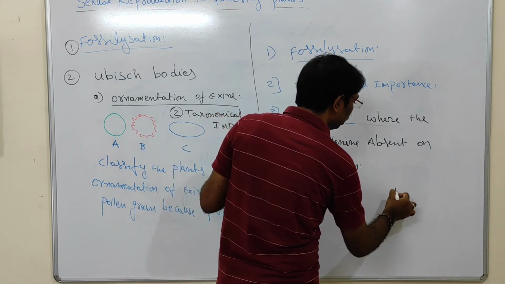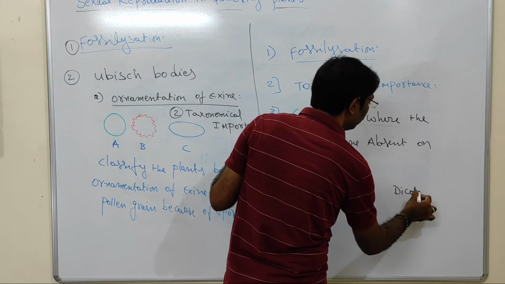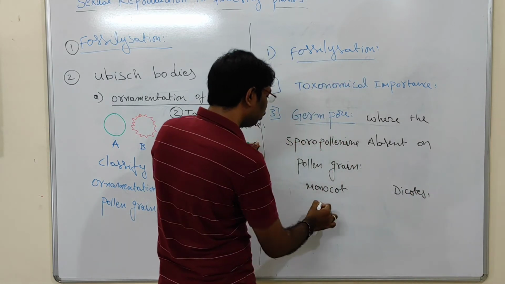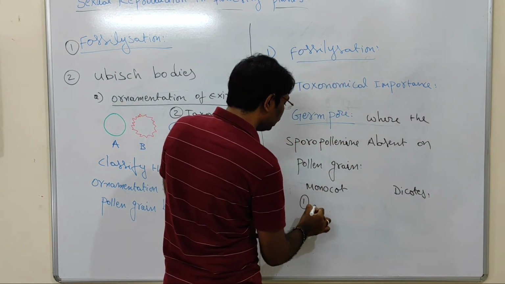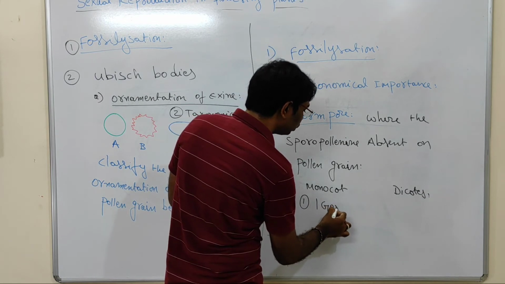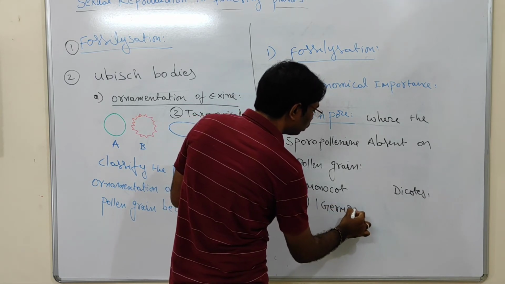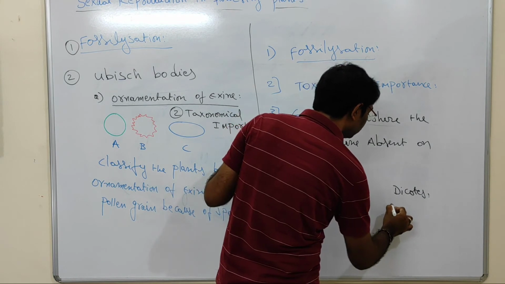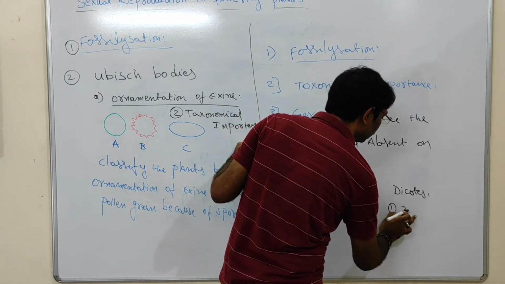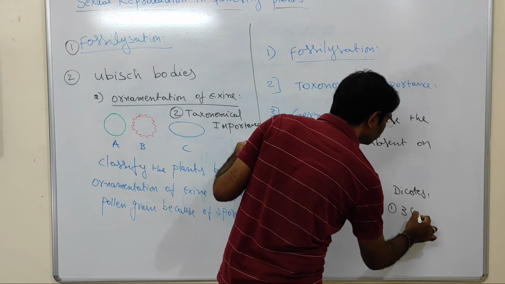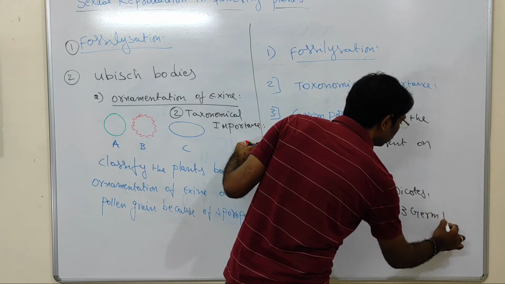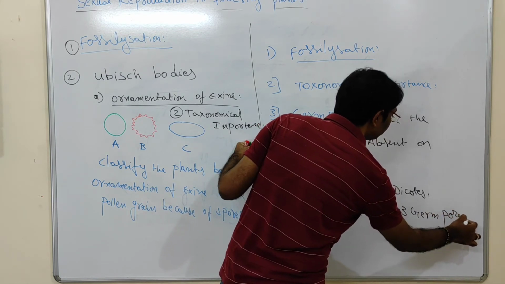Monocots contain one germ pore, and dicots contain three germ pores.